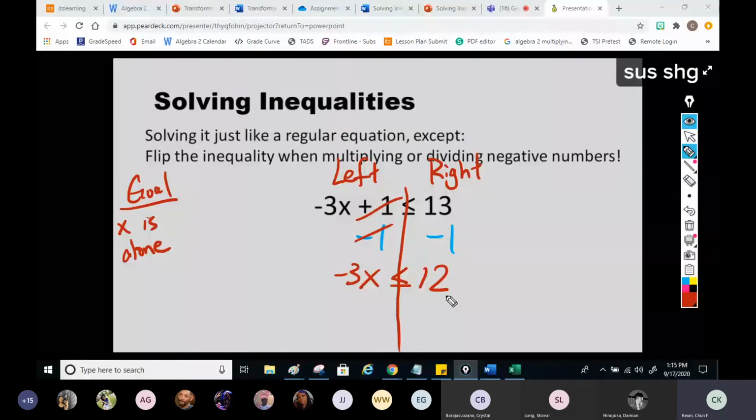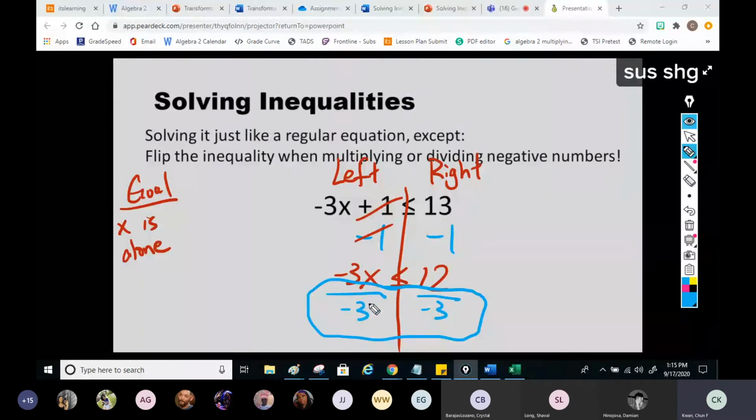All right, next step. This is the step that is very, very important. To get to the x, we have to divide by -3. And if you do it to the left, do it to the right. So when you divide by -3, this is the step where you have to flip the sign.